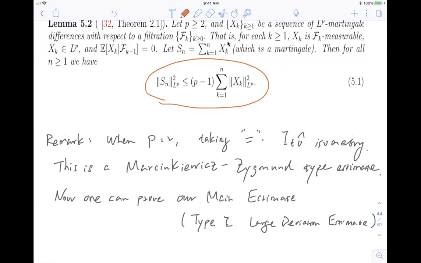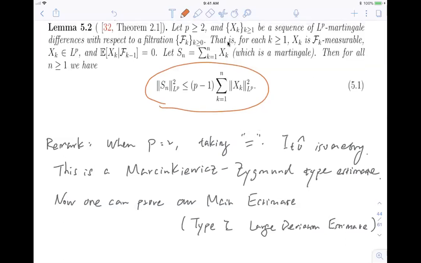If p equals 2, this is just the Ito isometry, so the inequality here becomes equality. In general, this is called a Marcinkiewicz-Zygmund type estimate. And this is exactly where we use this estimate, and this gives the right proof of our estimate, and it's a very smart proof.